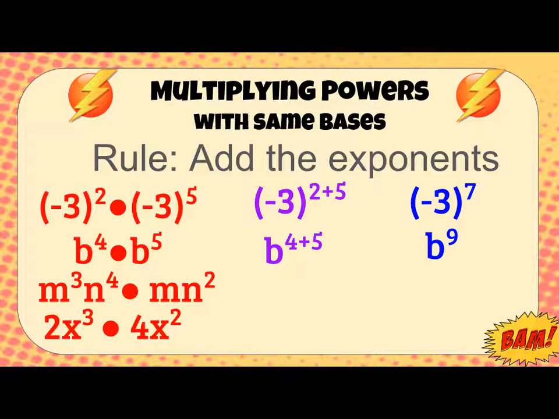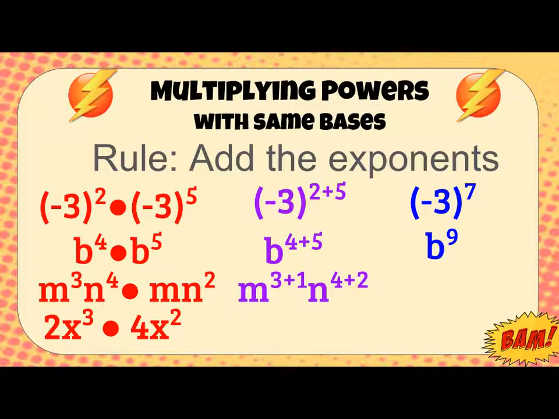For these ones, I'm only going to look at my bases that are alike. So remember, if there's only one of them there, my exponent's really a 1 right there. So if I look at this and go, okay, how many m's would I really have? 3 m's here, 1 m here.